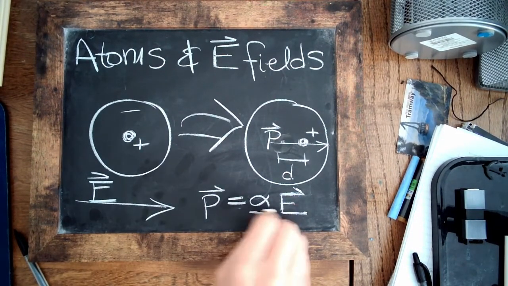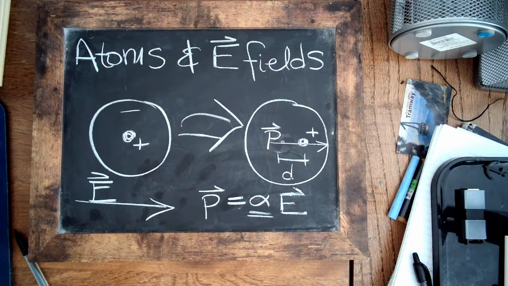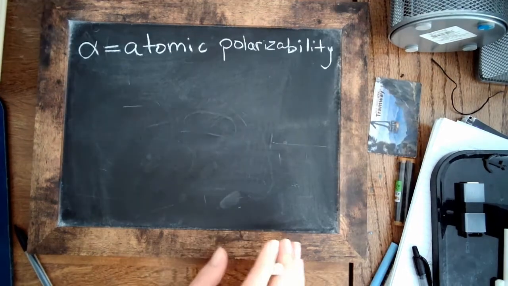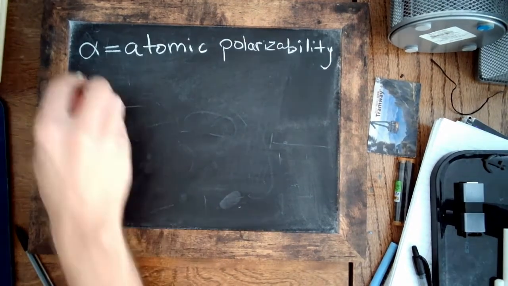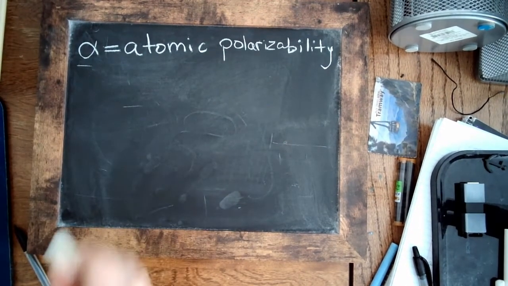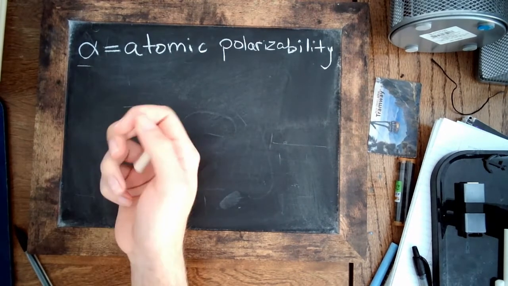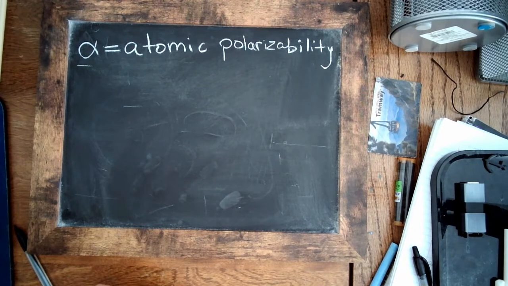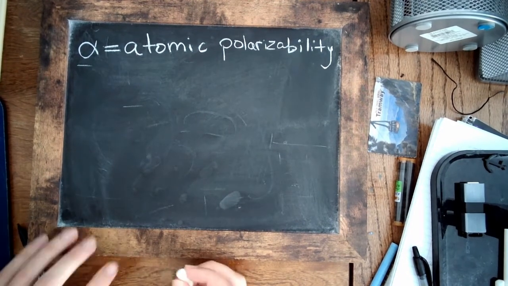But this alpha factor here, which is called the atomic polarizability, is sort of an interesting quantity. So what we're going to want to figure out is how big is that alpha. So we're talking about this alpha, not the fine structure constant, but this atomic polarizability constant. And we want to know what are some typical values for this.